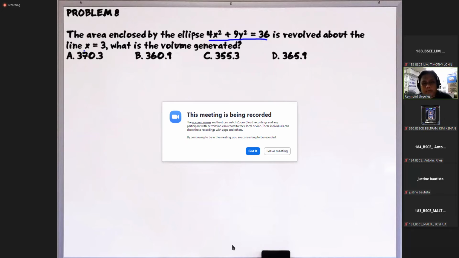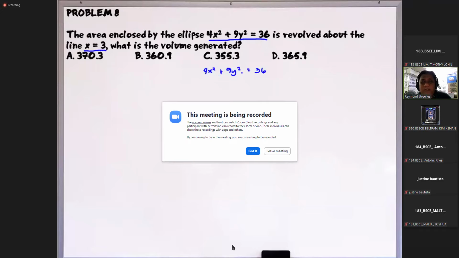Diba? So, again, x is equal to 3 is a vertical line, diba? So tapos passing through x is equal to 3, diba? And for our ellipse, diba? So ililipat lang natin to sa standard form. So we have 4x squared plus 9y squared is equal to 36, no? So since wala tayong x term, wala tayong y term, diba?